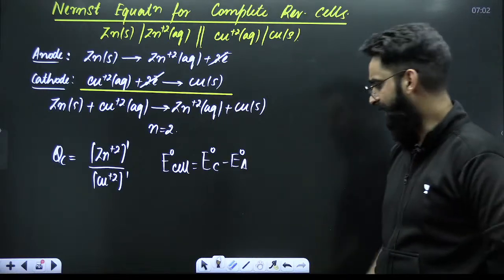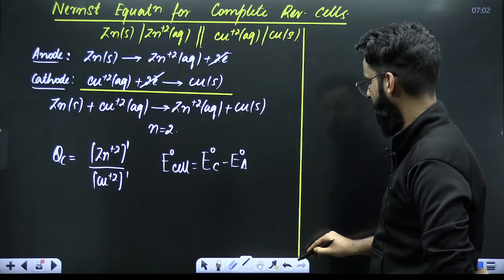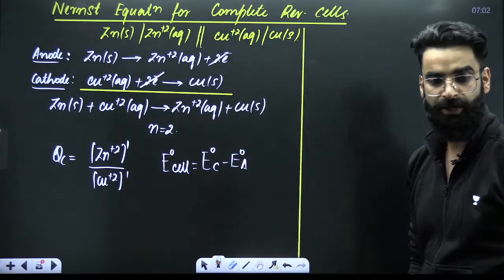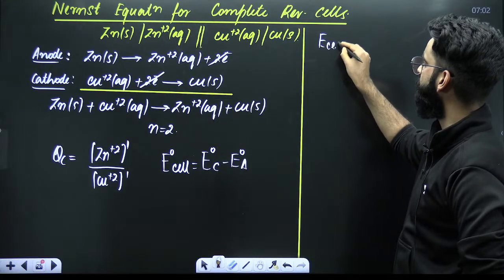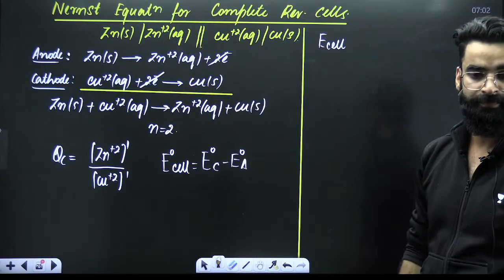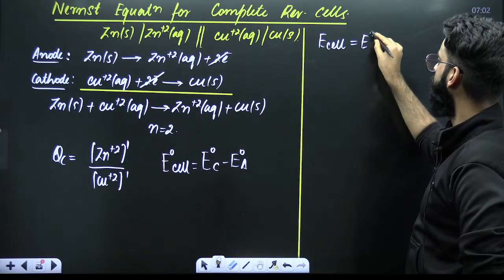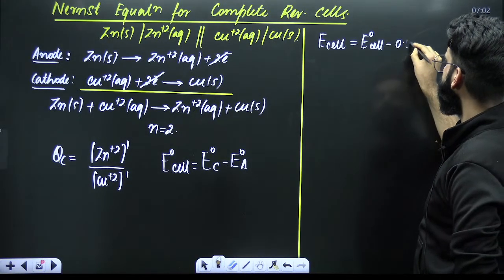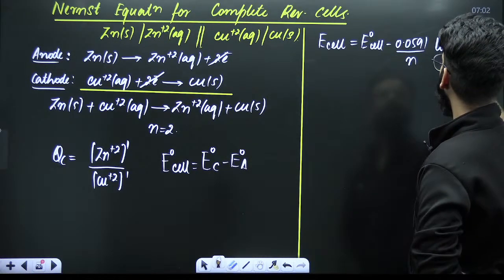Yes. Now, my dear students, after getting all these things, what do I need to write? At the end, I'll be writing the Nernst equation in this format. E cell, which is the EMF of the cell under non-standard conditions, is equal to E naught cell minus 0.0591 divided by n, times log of QC.